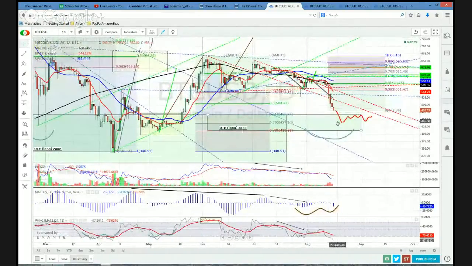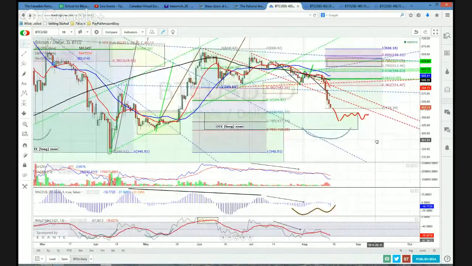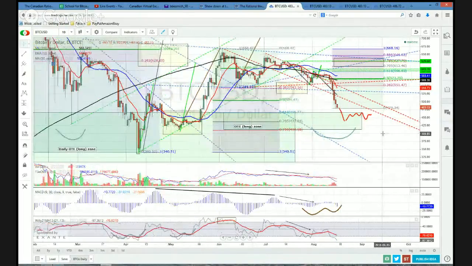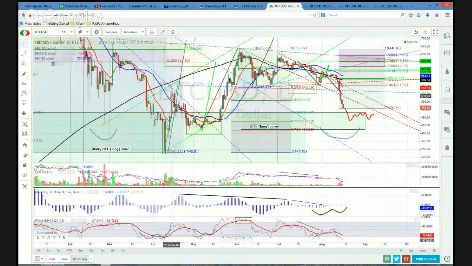Those that are long only, those that are still long only, should be playing these higher time frame setups, right? So you bought this massive breakout here, 554, and your stop's down here below these lows at what, 411 or so.